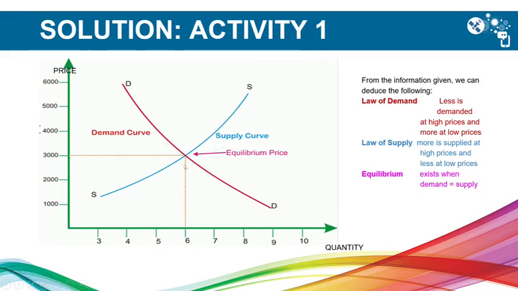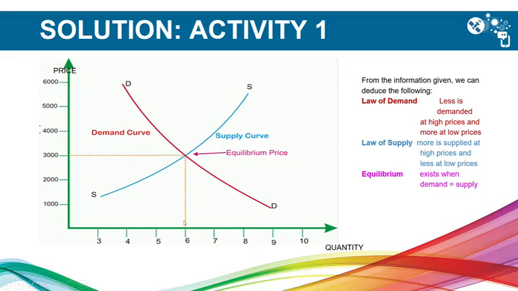The point where the two meet is known as market equilibrium. Where supply and demand are equal, we get equilibrium. Therefore, our equilibrium price on this graph would be 3,000 Rand. And at 3,000 Rand, the equilibrium quantity being demanded and supplied is 6.